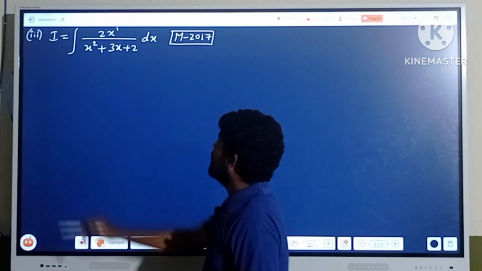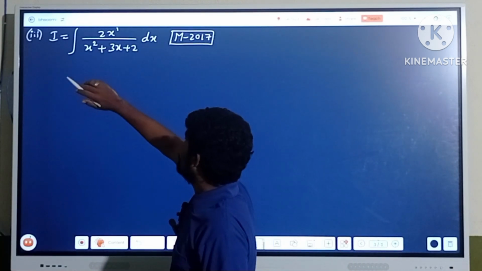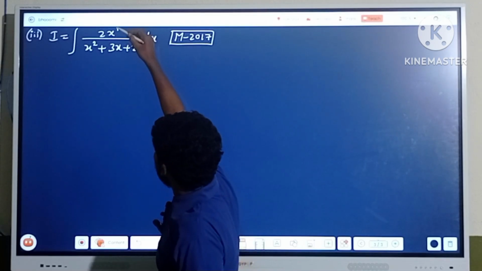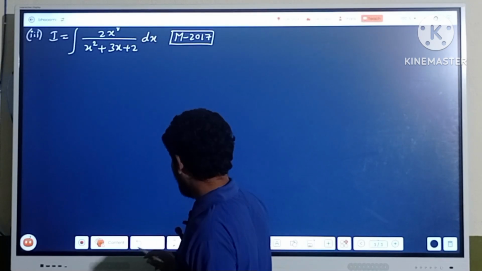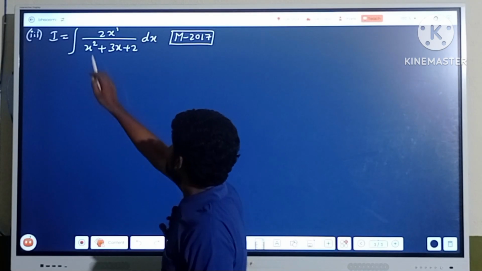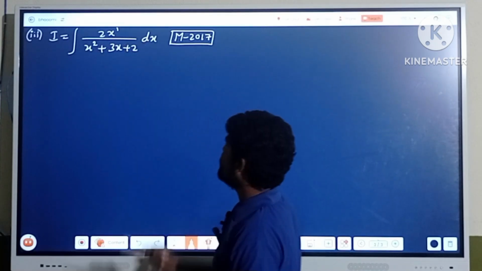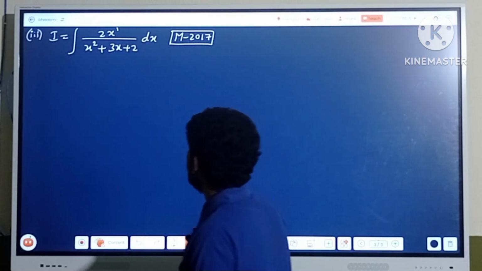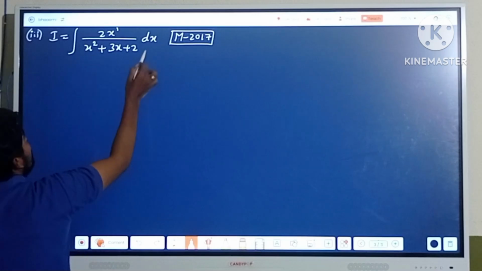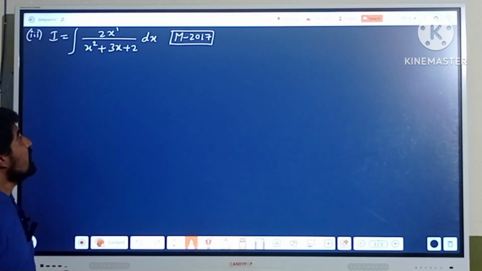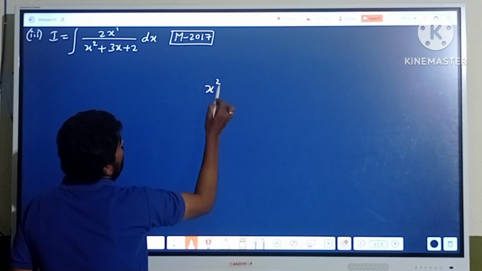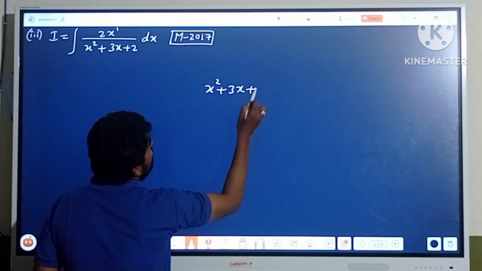Now observe here, this integrand is a rational function where the degree of the numerator is 1 and the degree of the denominator is 2. Therefore, this is also a proper rational function. But in the denominator there exists a quadratic polynomial, x square plus 3x plus 2.